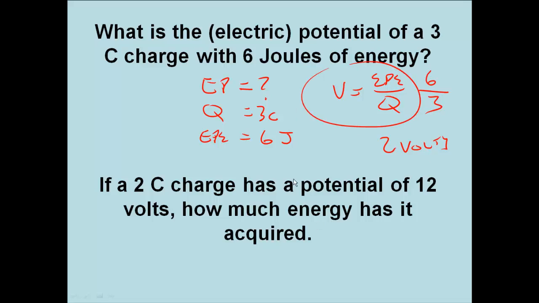We can use that same formula and solve it for the energy itself, right? V equals EPE over Q. So here we say we have a 2 Coulomb charge, that's Q, and it has a potential of 12 volts. The EPE, the energy, is 24 joules. There you go.